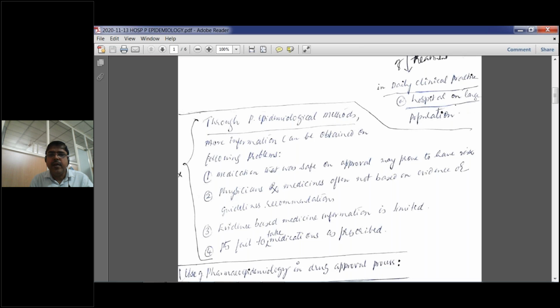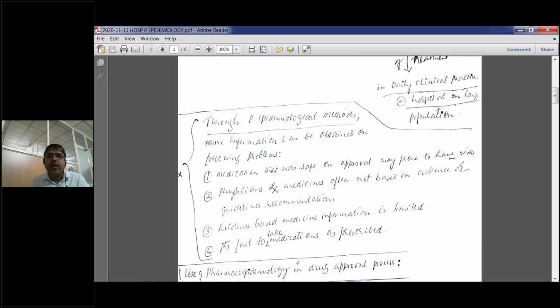The patient may experience such kind of adverse effects, but may not report to the doctor. So such kind of problems do arise. Because of that information, when the same medication comes to hospital for prescribing, after prescribing, epidemiology at hospital can assess such risk associated with the new medication.